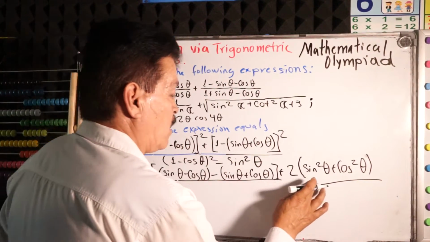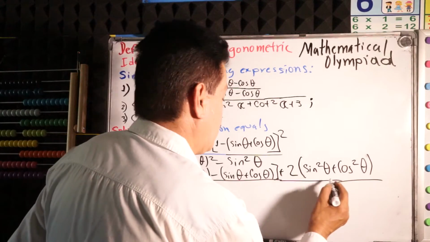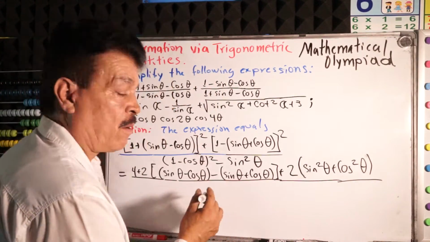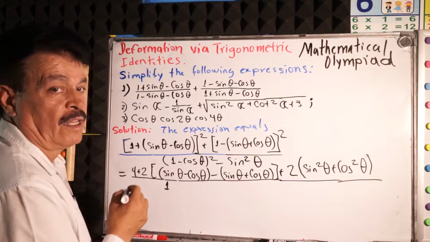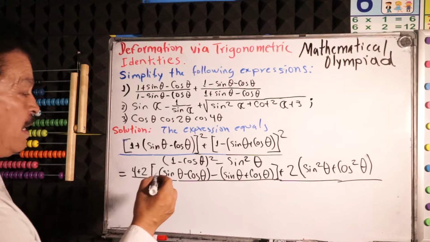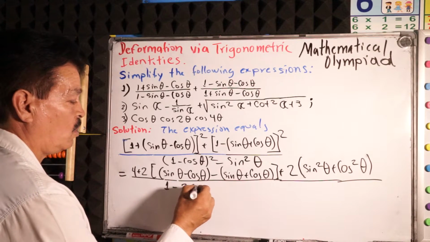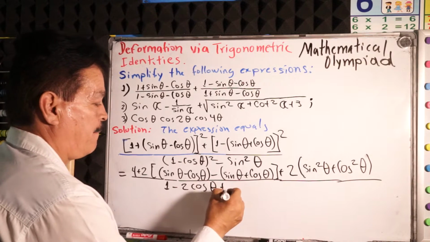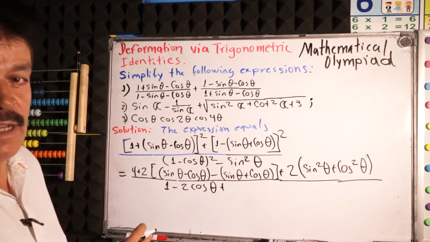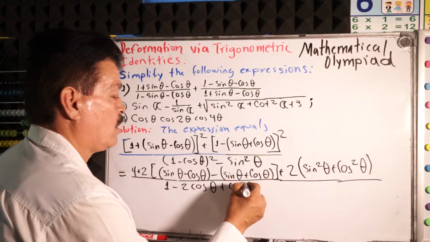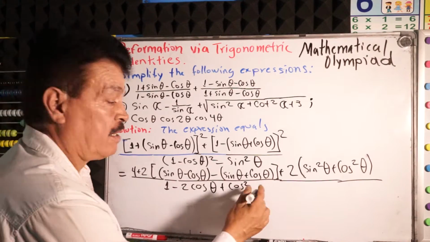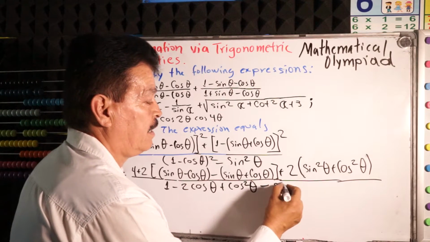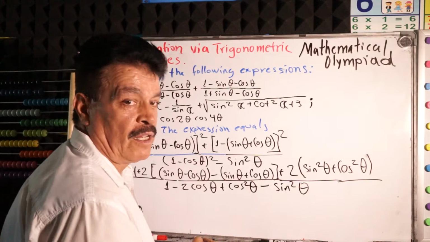Now in the bottom, the denominator, we have to write 1 minus 2 cos plus cos to the second power of this angle, minus sin to the second power, right?